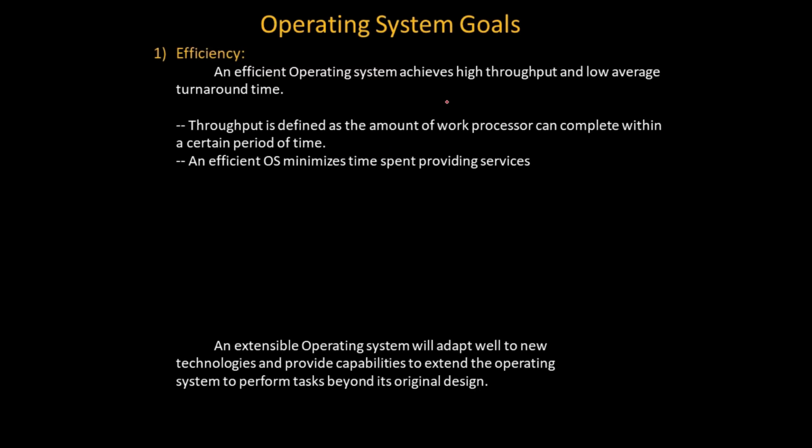So let's say we have two processors, processor A and processor B, and we have a workload of 4 KB.